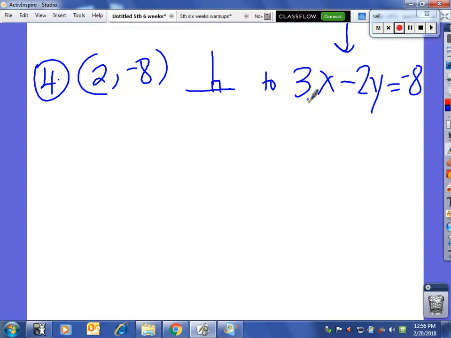So this problem has several phases. Phase 1 is find this line's slope. Do that. Solve it for y. Put it in slope-intercept form and stop tapping. No, I noticed. Just like you talk every 5 seconds. 10 seconds?